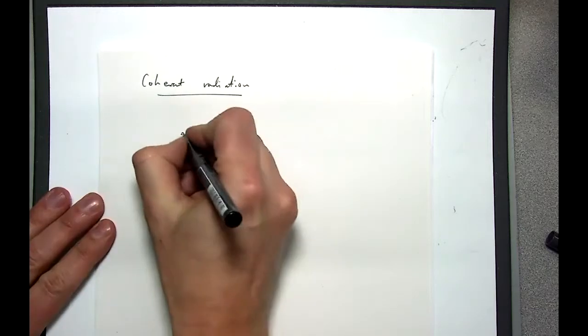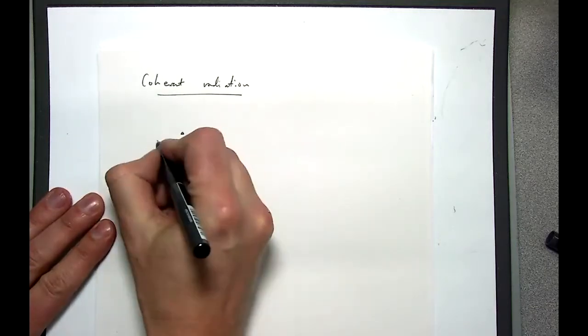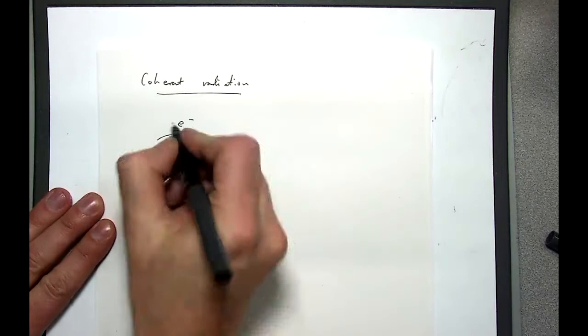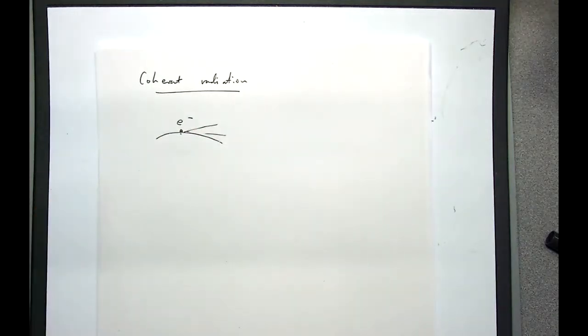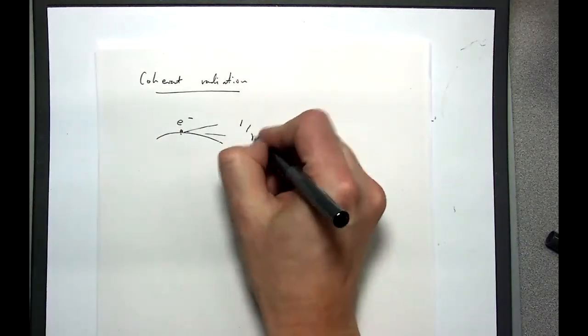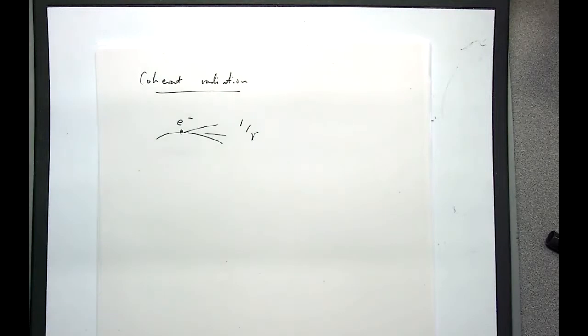So, we were talking about synchrotron radiation, and remember our basic idea here was that of the electron, in this case, which was moving relativistically, and it was making some amount of radiation, and because it was travelling relativistically, I had the different features of that radiation. I had the fact that the radiation was confined to a size 1 over gamma.